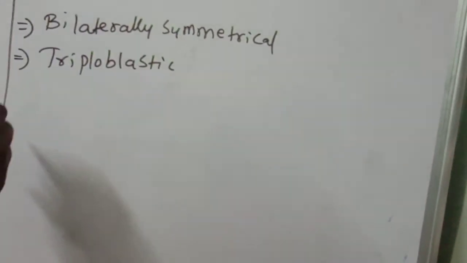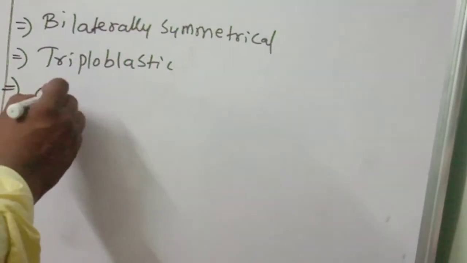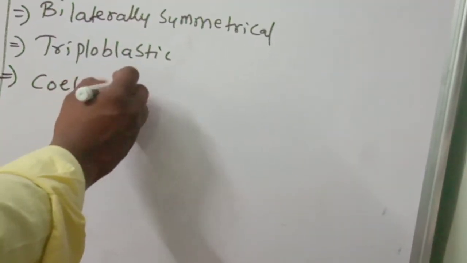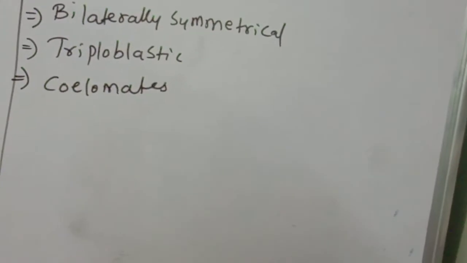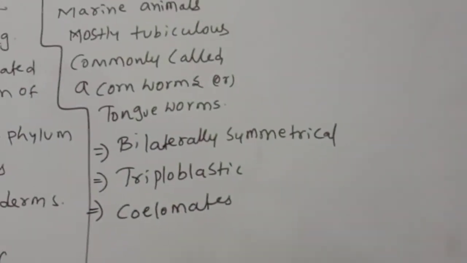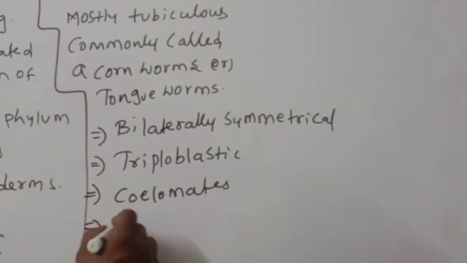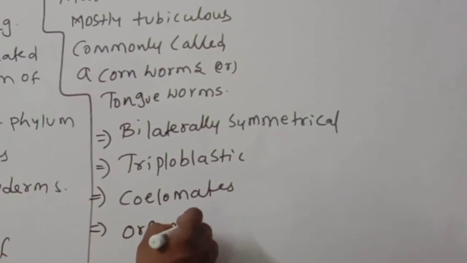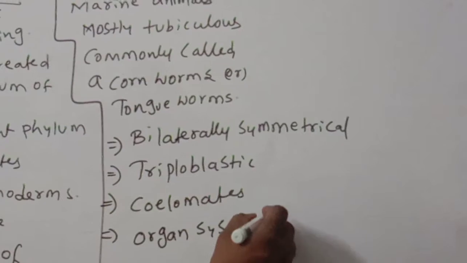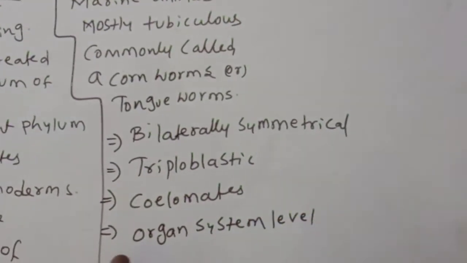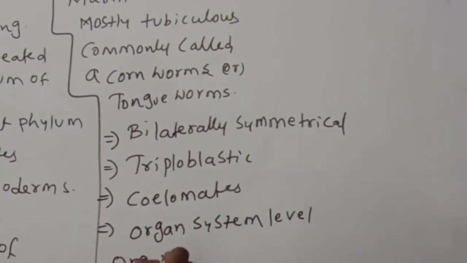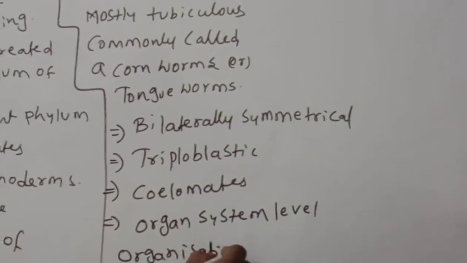Next, they are coelomates, which means they have a coelom. Remember this name. And organ system level of organization is also present in this phylum.